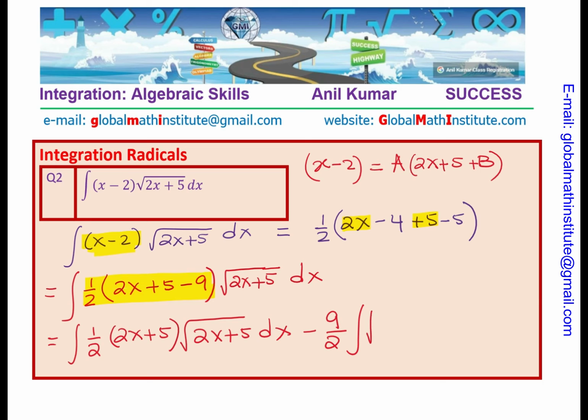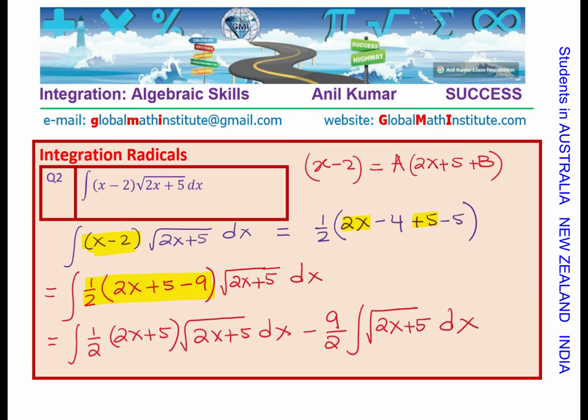Integral of square root of 2x plus 5 dx. Look carefully. See how we have split it. And now we can combine the first two terms, which is 2x plus 5 to the power of 3 by 2. And this second term has 2x plus 5 to the power of half, right? Is that clear to you?